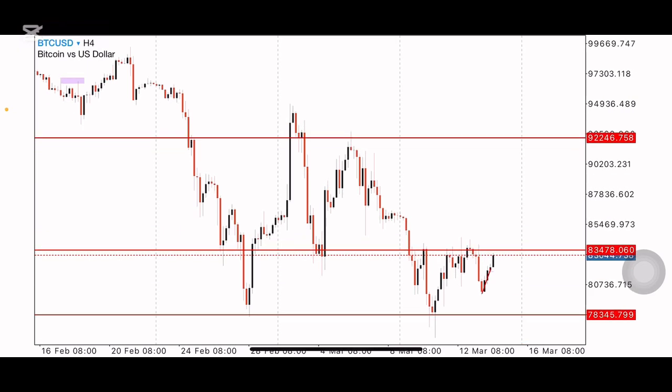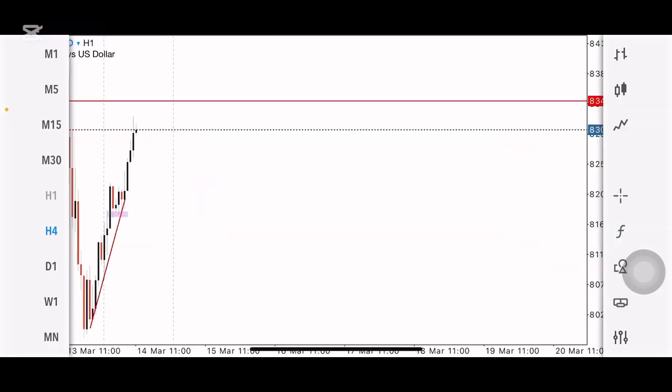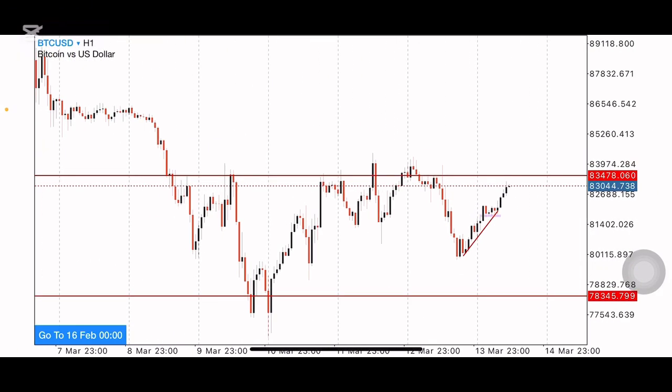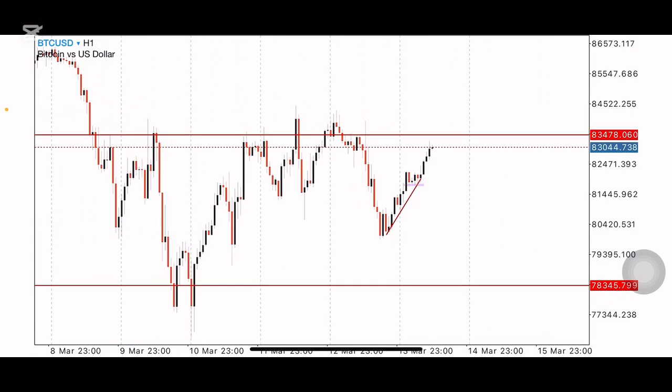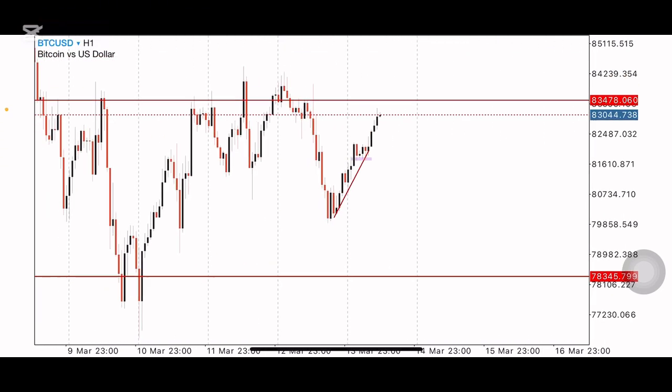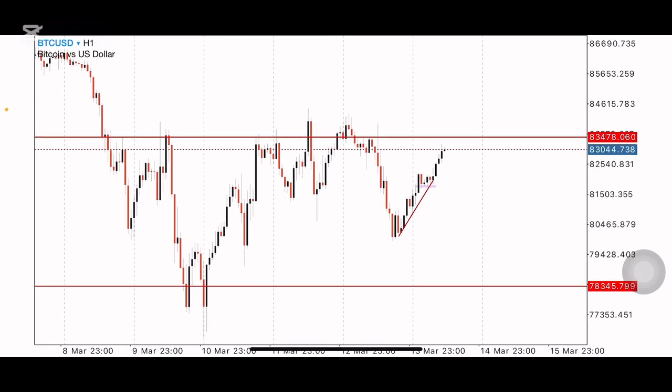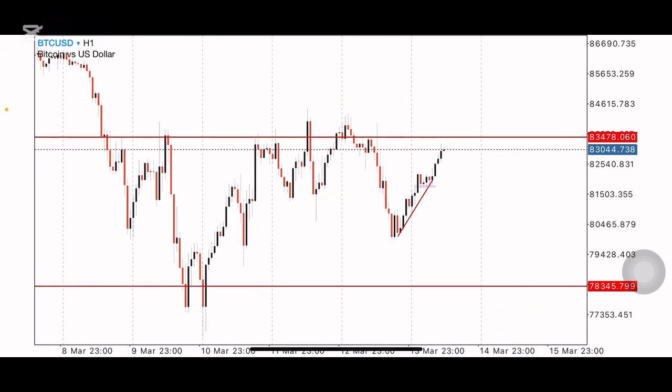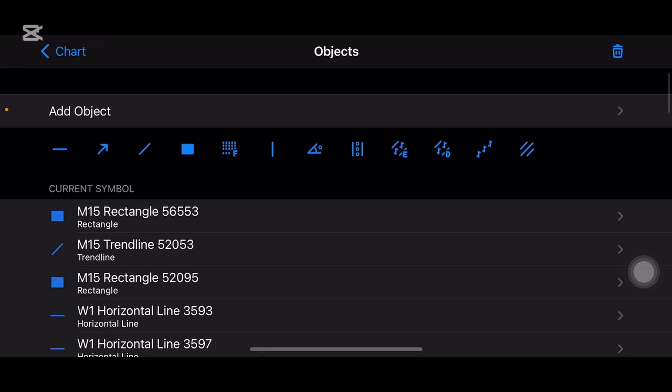So these are our support and resistance, our key levels that we've marked. Now I think we've marked them, and that's probably all we need at the moment. You can also decide to mark here, but this is not so important to me.